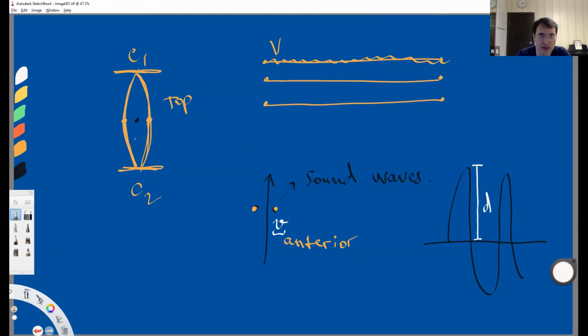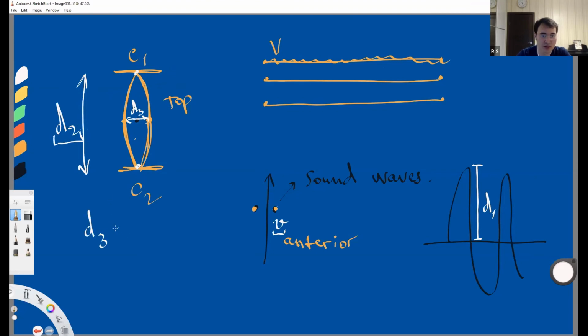And if we start moving the cartilages, so let's say this is the D2 and this is D1. If we increase the D2, this is the distance between the cartilages, because we have the fixation of the folds here, the distance here, so it's D3.